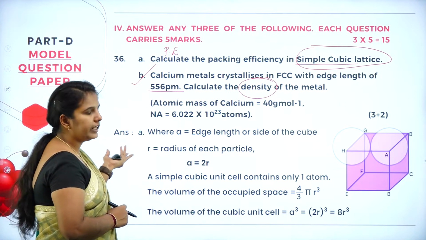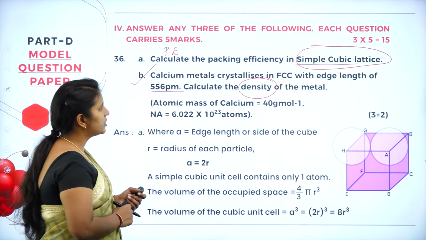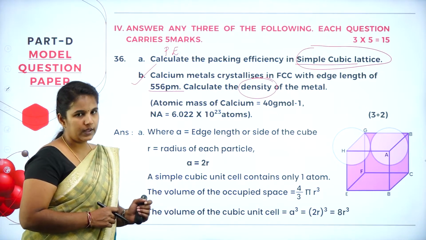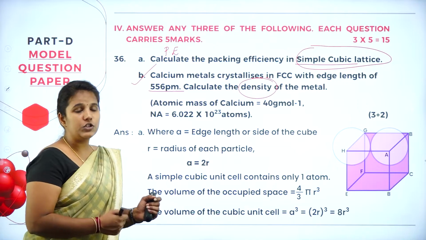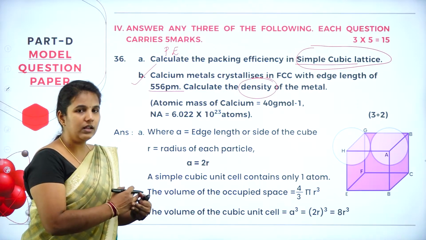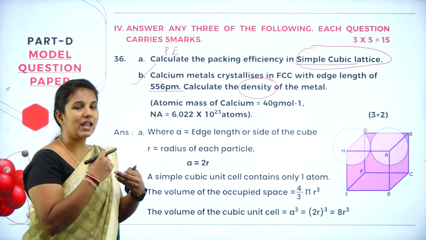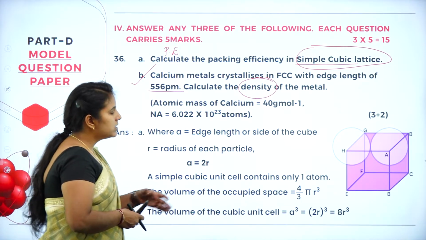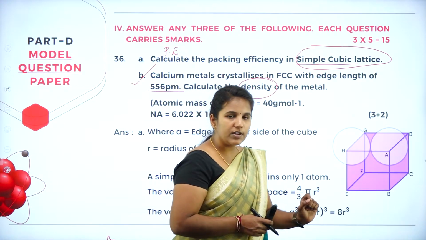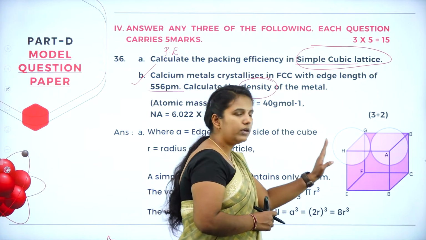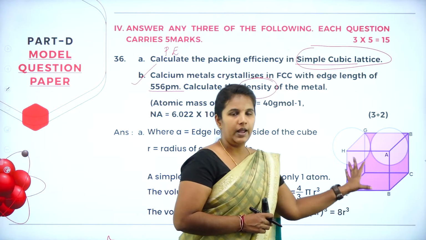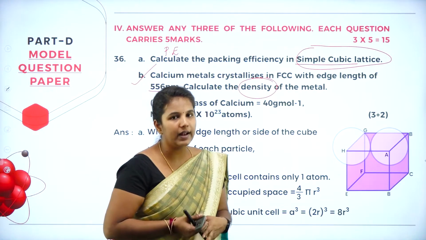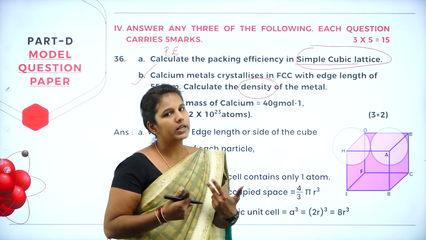As we all know, we need to derive or calculate the packing efficiency in a simple cube. I'll explain with the solution, and while deriving, I'll also explain where exactly the evaluator will give the marks. When you're writing the packing efficiency, first of all, you need to write the simple cube, and you have to show how many spheres are there in a simple cubic lattice, in the BCC or in the FCC.